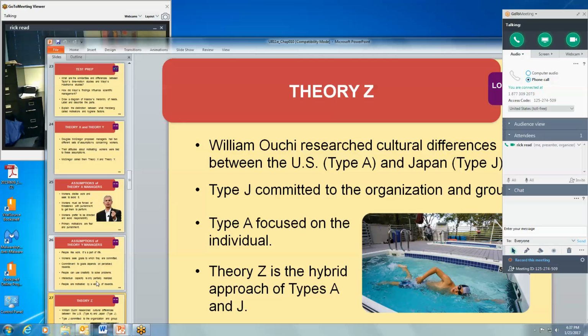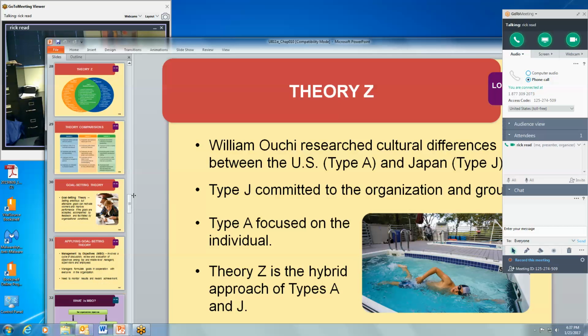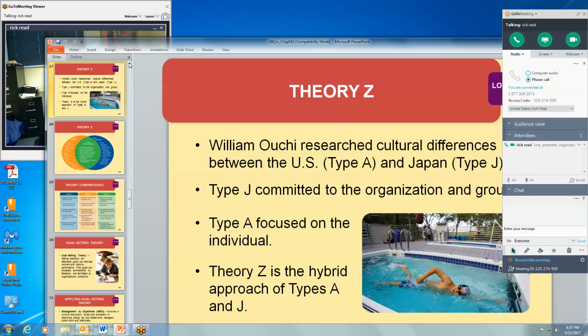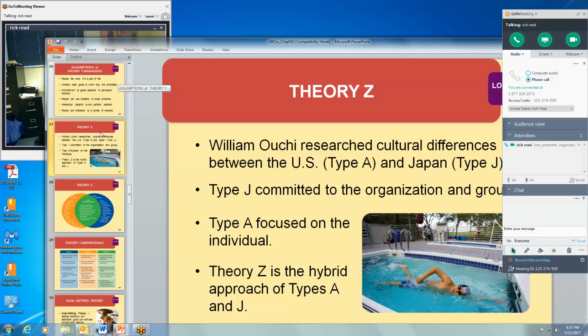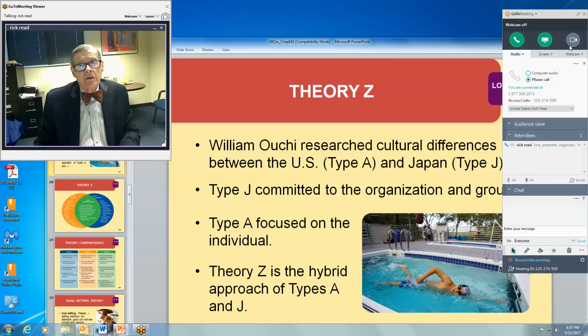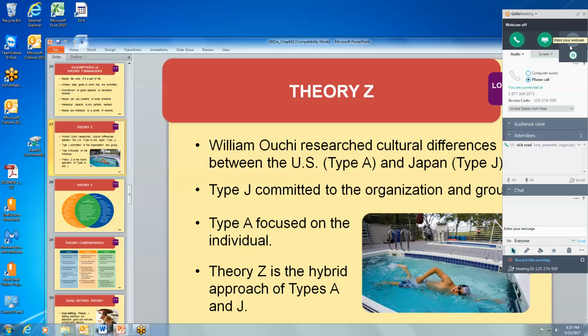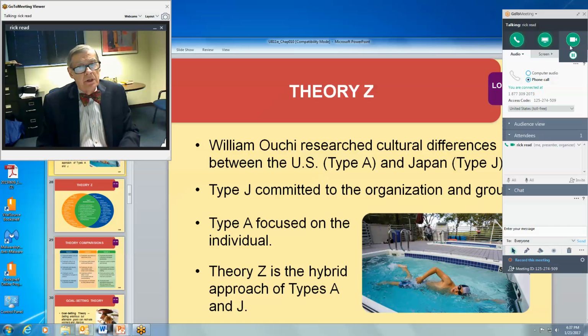Now, William Ouchi has come up with a little bit different theory that I don't really dwell on too much, but it does give you some kind of idea. He talked about the cultural differences between workers in the United States and workers in Japan.